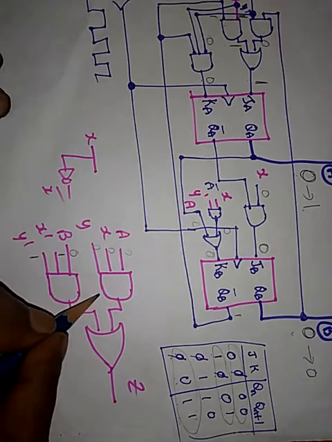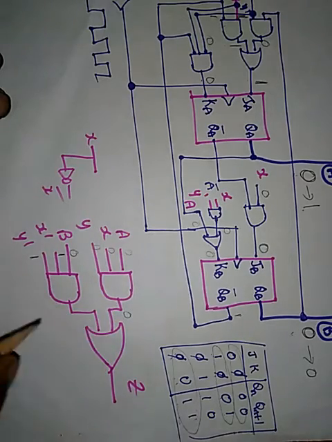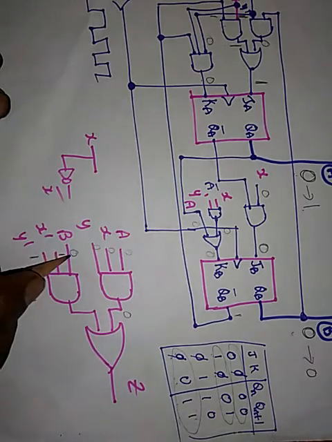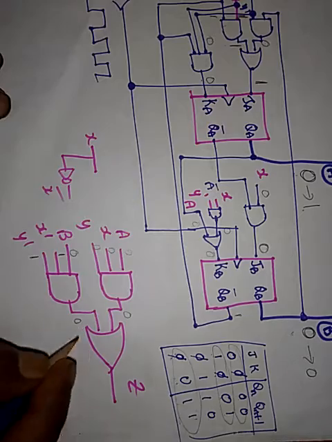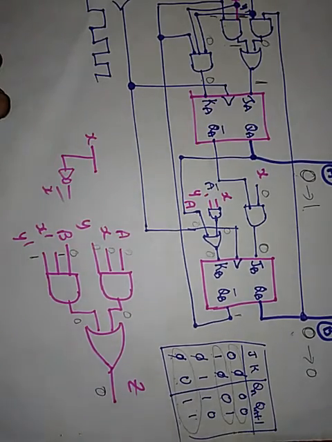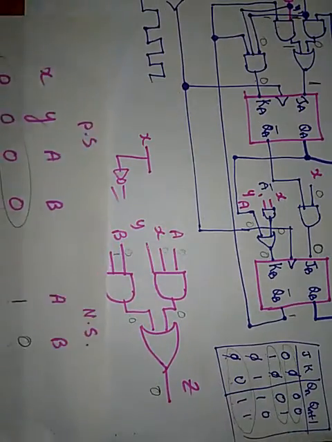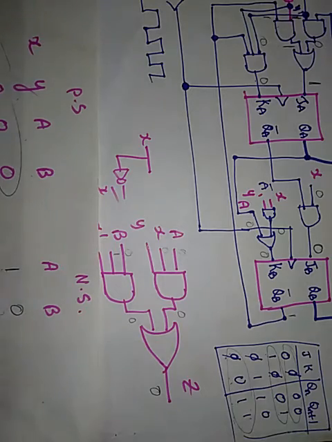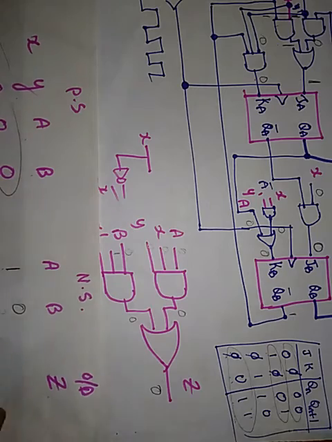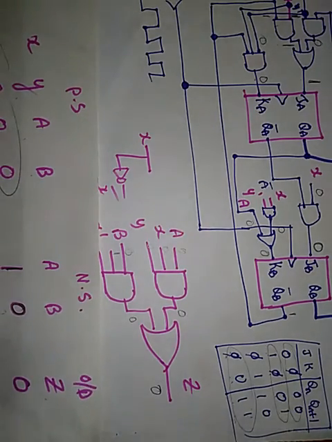Anyhow, this is an AND gate. One input is 0 means output is 0. Here again, if we have a 0, therefore this is 0, 0, 0, the output is 0. As far as the first output is concerned, here I am putting Z, which is the output. For the case 1, the next state will be 1, 0 and the output is 0.